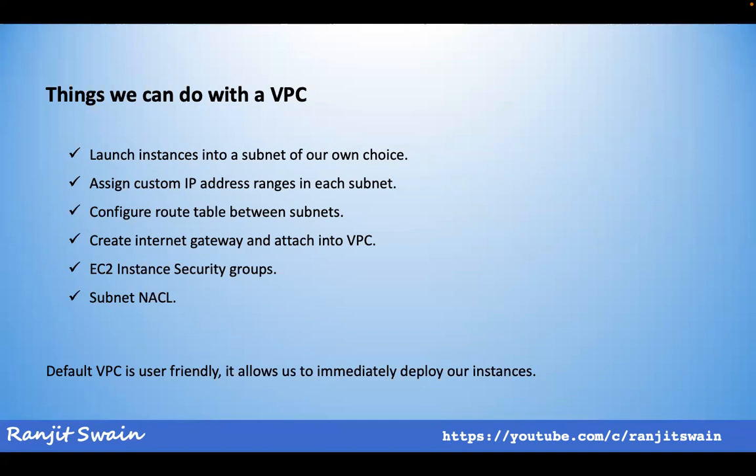No preference, it is automatically picked up by AWS. In our custom VPC case, we can choose our own subnet and assign custom IP address ranges in each subnet, configure route tables between subnets, create an internet gateway and attach it to the VPC, and set the EC2 instance security group and subnet NACL.